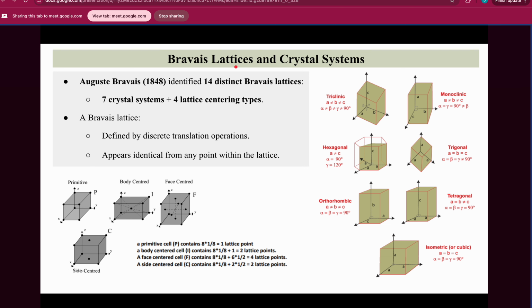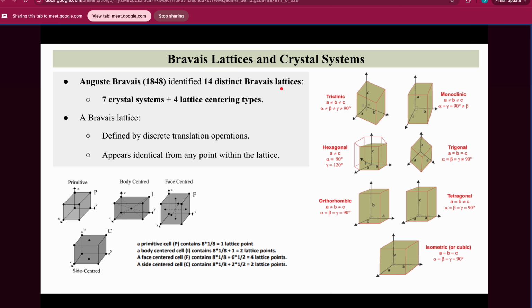There was a scientist named Auguste Bravais who identified 14 different Bravais lattices. There are 7 crystal systems and 4 lattice centering types. If we combine the 7 crystal systems with the 4 different lattice centering types, they generate 14 different Bravais lattices.